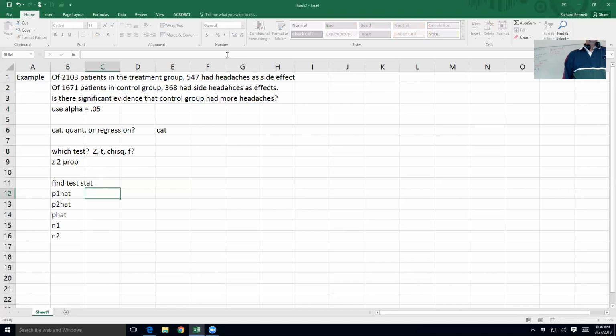Oh, actually, we skipped a step, didn't we? When are we supposed to figure out our null or alternative hypothesis? We need that step here. What's our null and alternative hypothesis? P1 equals P2.